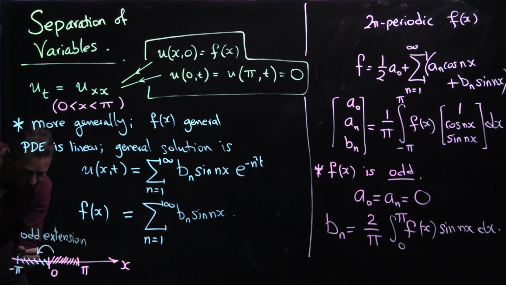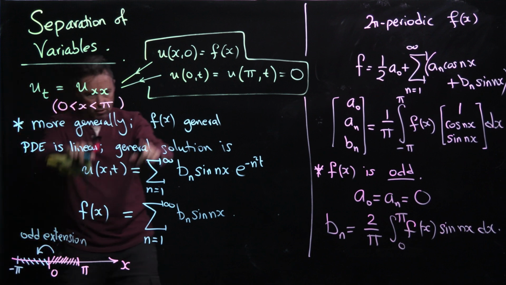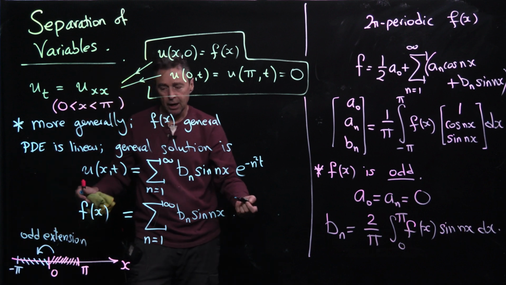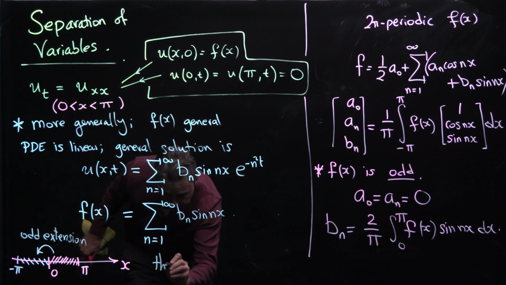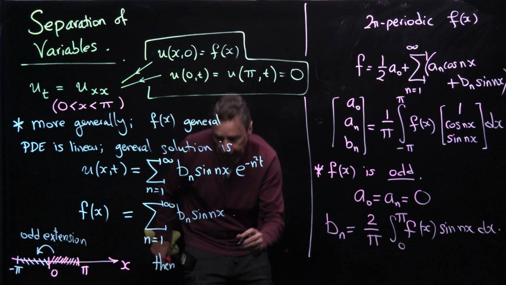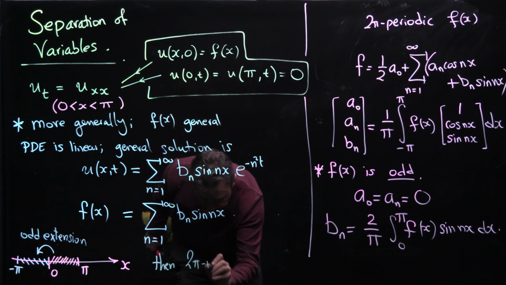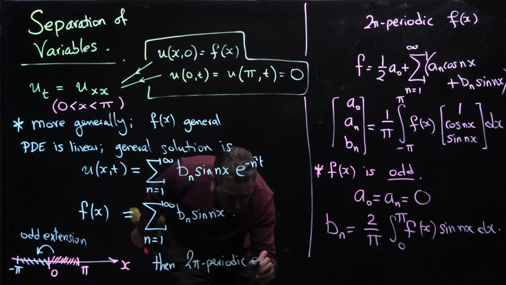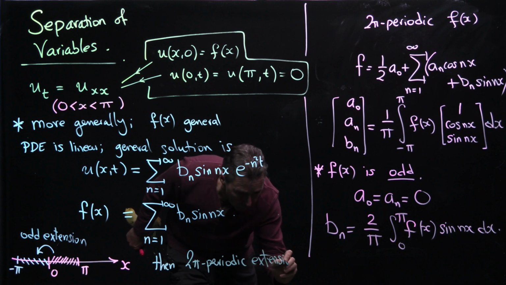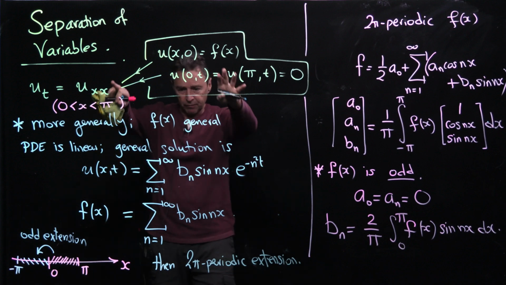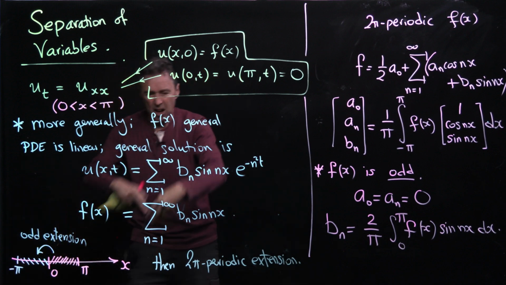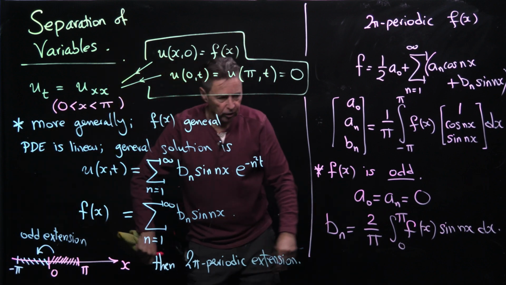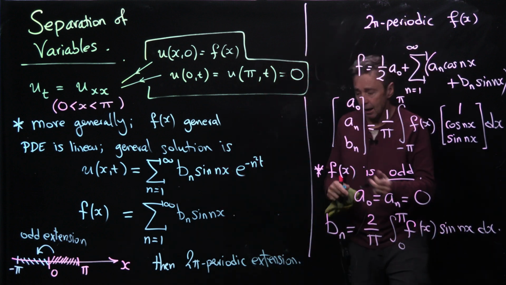I'm going to take the odd extension, at which point I've got an odd function defined between minus pi and pi, and then I make it periodic, and I make the 2 pi periodic extension. In other words, I take my functions here, which only live on that interval, I make them odd and 2 pi periodic, at which point these functions are equivalent to the functions there.